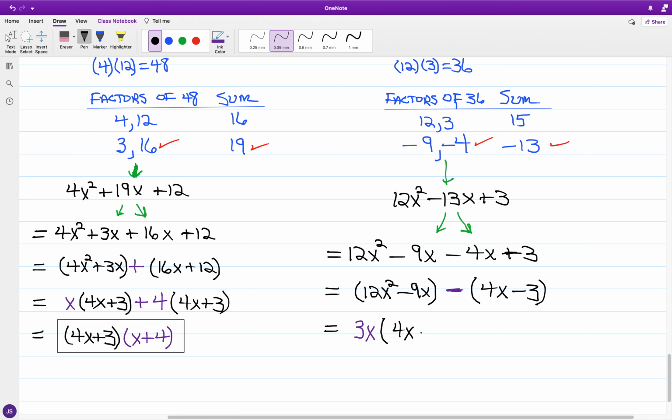And 3x into negative 9x is going to be a negative 3. Bring down the subtraction. And the greatest common factor of 4x minus 3 is only going to be 1. And 1 into 4x minus 3 is still 4x minus 3.